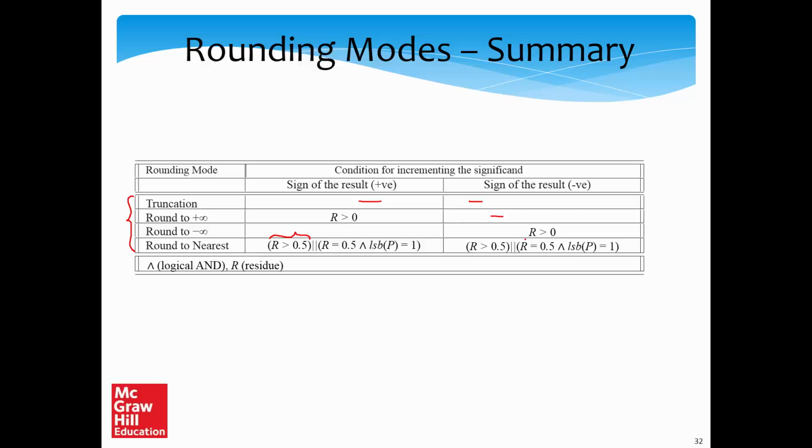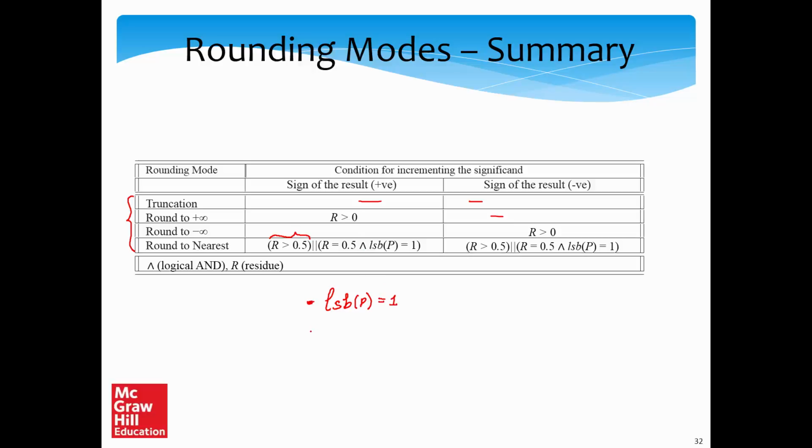So one very important takeaway point here is that to implement this in hardware, we have to have multiple circuits. The first circuit needs to compare the value of the least significant bit of P with 1, right? So you need to have one comparison circuit.